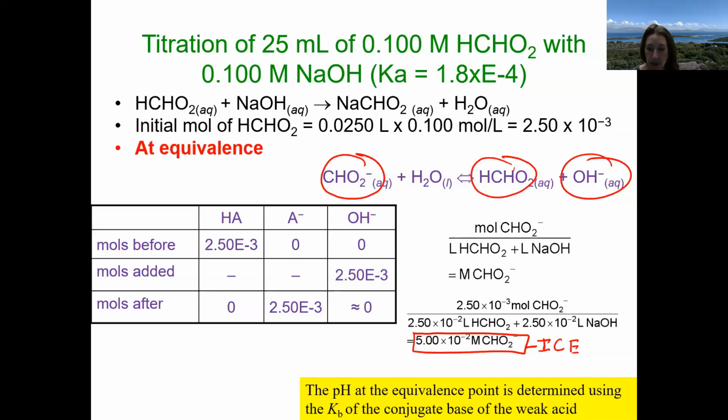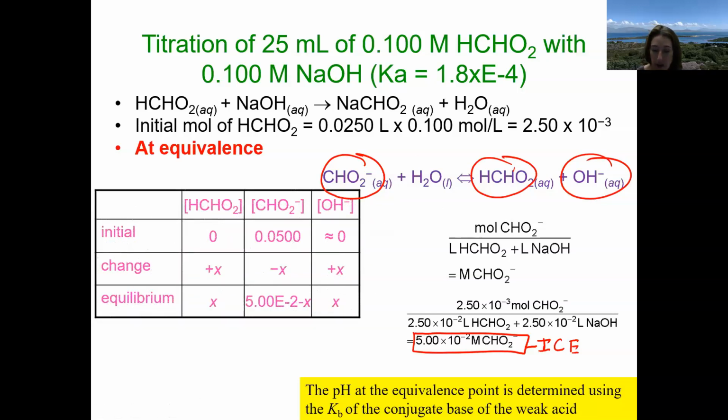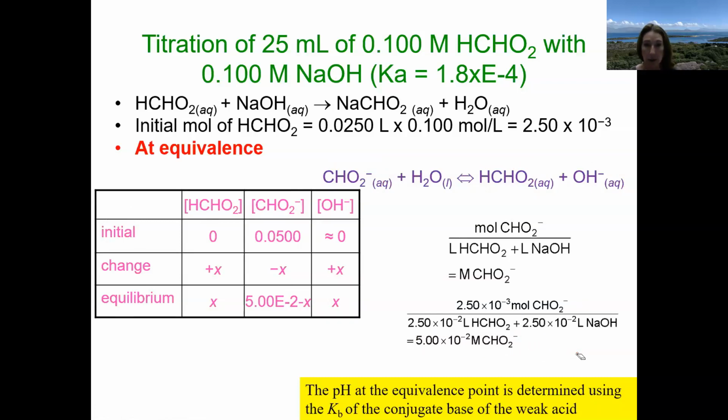So now this next part right here is exactly what your quiz was on Monday, and I'm going through this part a little fast. So for your ice table, we have 0.05 molar of this. We don't have any of this. We don't have any of this.